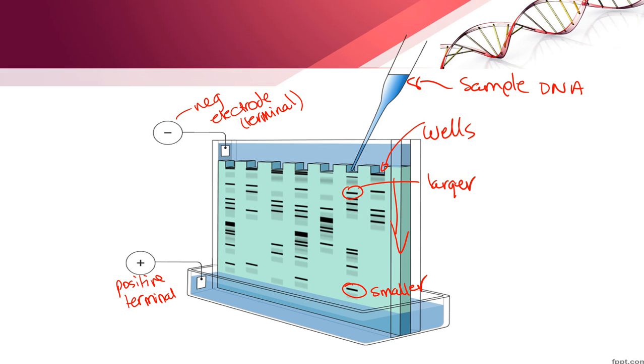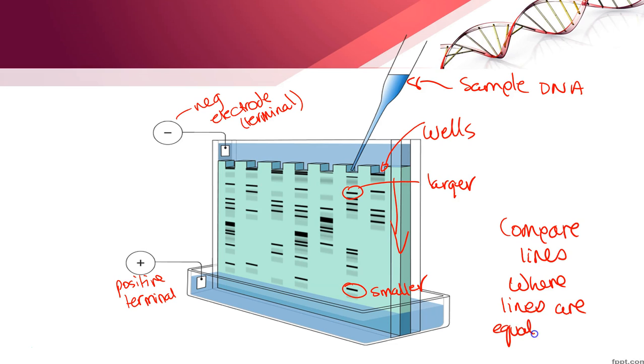So then we can compare the lines that are seen. So we can see here we've got these patterns of lines, where lines are in the same place, then they're the same piece of DNA.